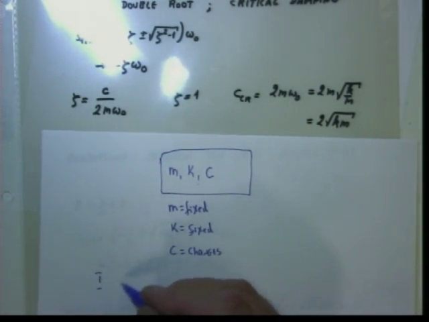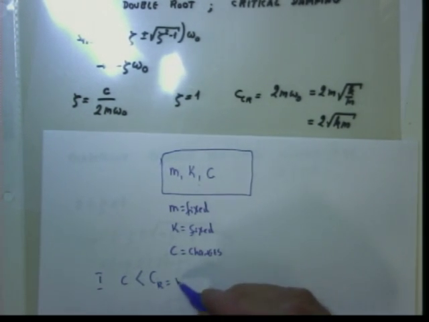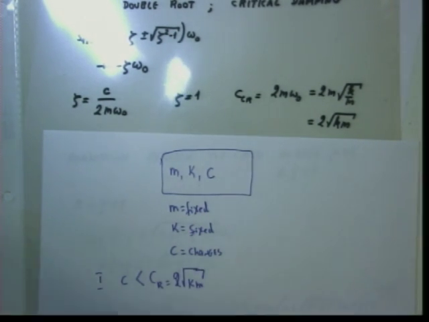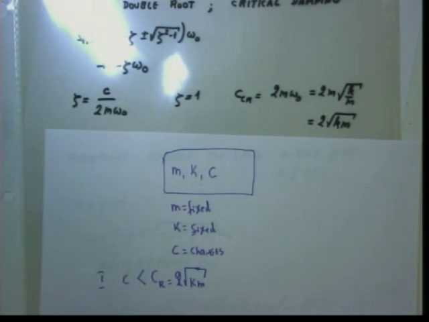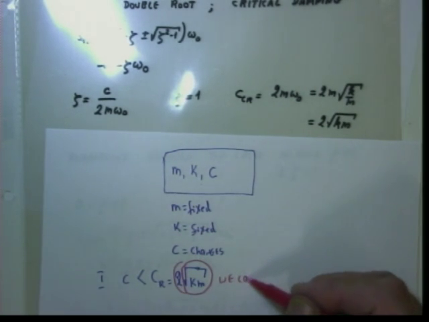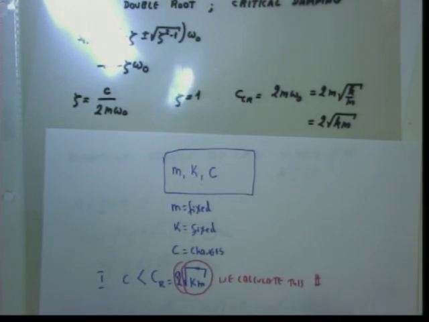One case that c is smaller than c critical, which equals 2 square root of km. Because we know m and k are fixed, we can calculate this. That's very easy. We calculate this number.